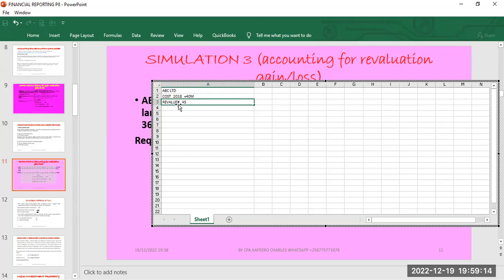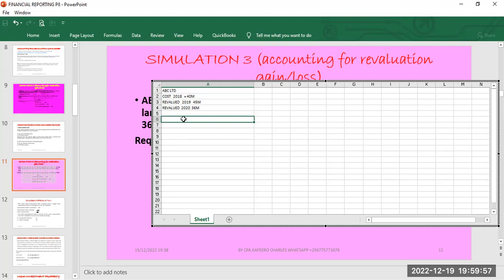This was made in 2019. Then it was revalued again, this was made in 2020, and the value was 36 million. So those are basically the items that we have.